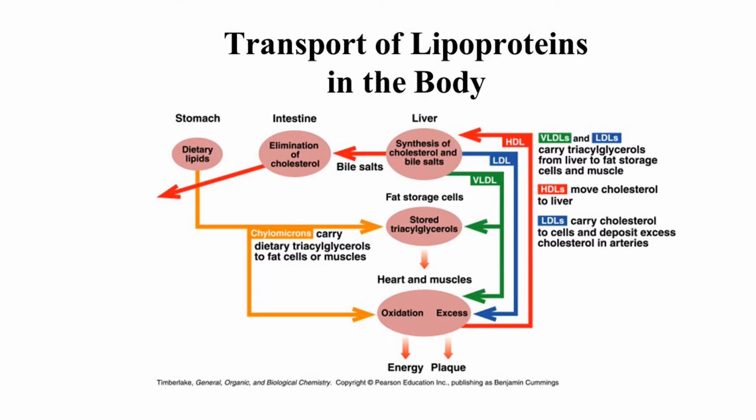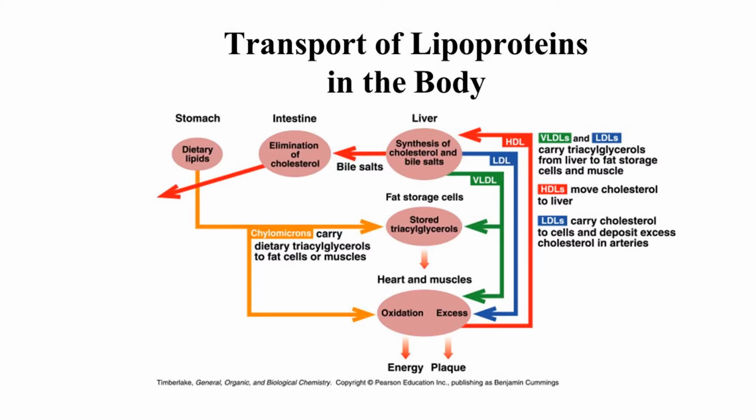And then this is just kind of showing, without the full imagery, dietary fats coming into the body, getting packaged at the small intestine into chylomicrons. And again, the chylomicron is effectively carrying dietary triglycerides and cholesterols to muscles or fat cells.